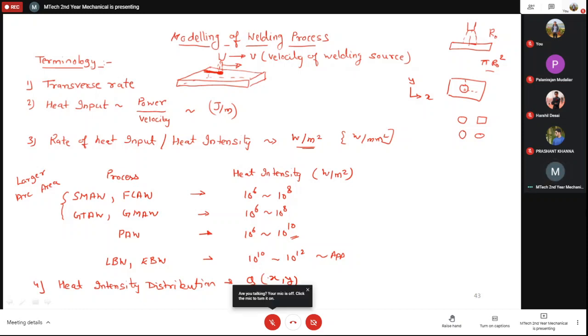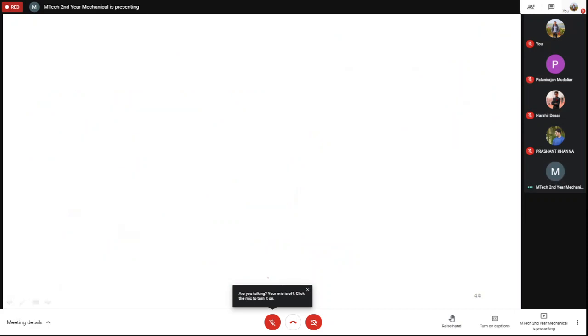Okay, now we have various types of weldings. So we can look at the physical aspects of welding.